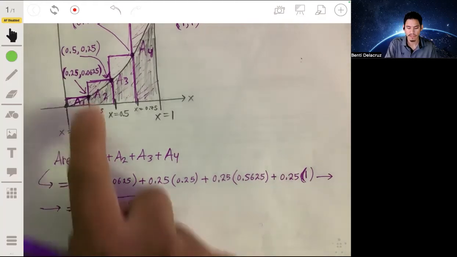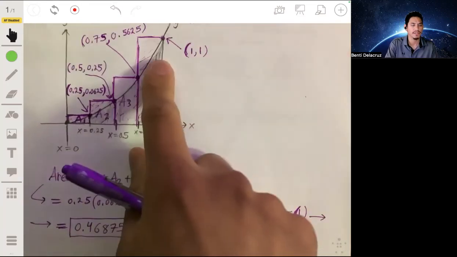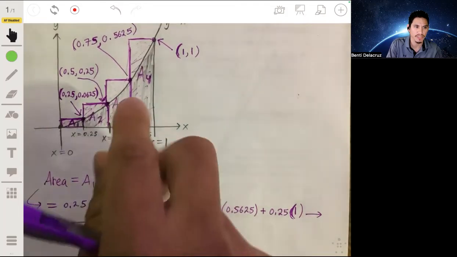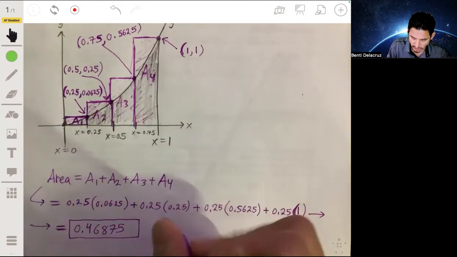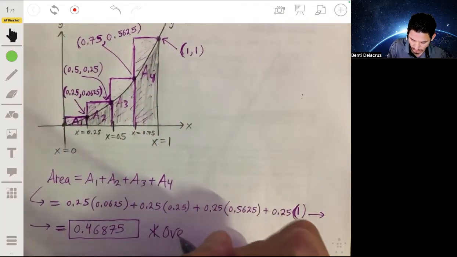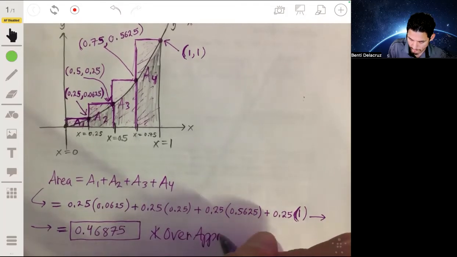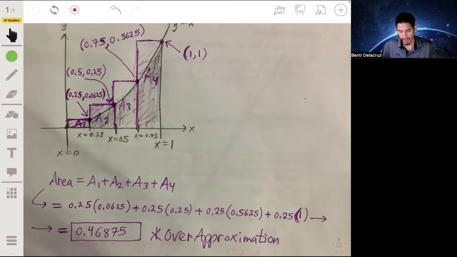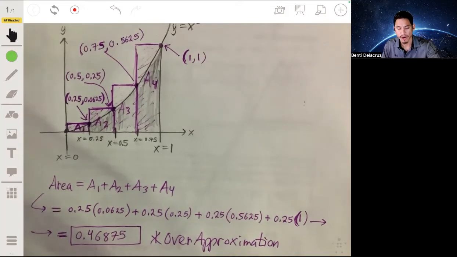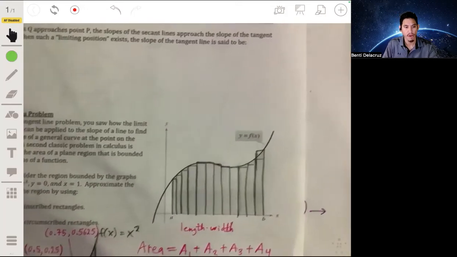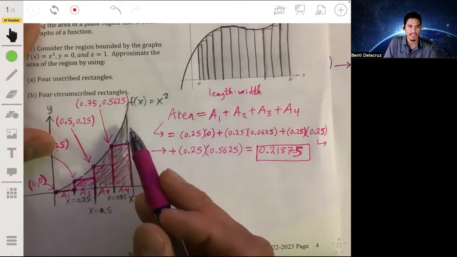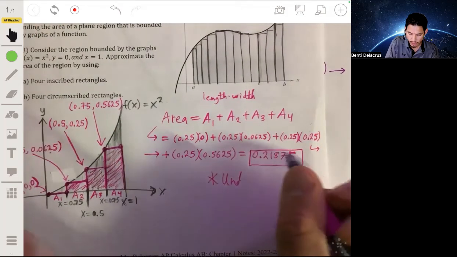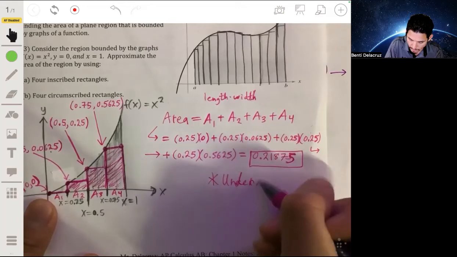Now, since these rectangles go over the shaded region, their total area is more than the actual region underneath the curve. So we call this an over approximation, as you would think. And the area for the inscribed rectangles, we can see, is less than the actual area. So we call this an under approximation.